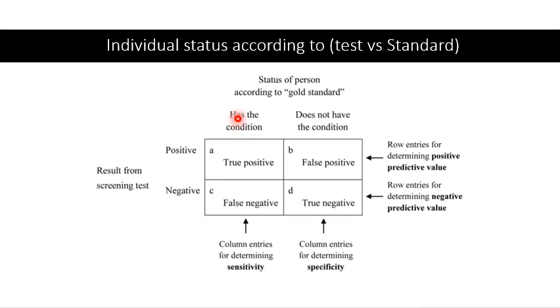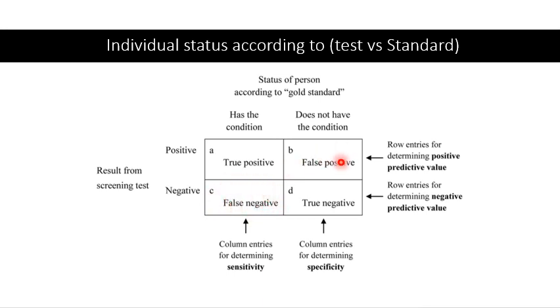When the new test identifies the positive cases as really positive, then it is true positive. But when it identifies positive cases as negative, then it is false negative, where it should actually be positive. So it's a missing diagnosis. It's a type 2 error.